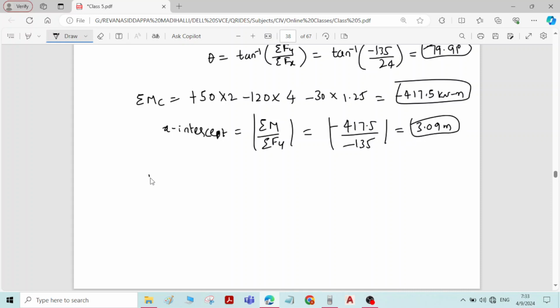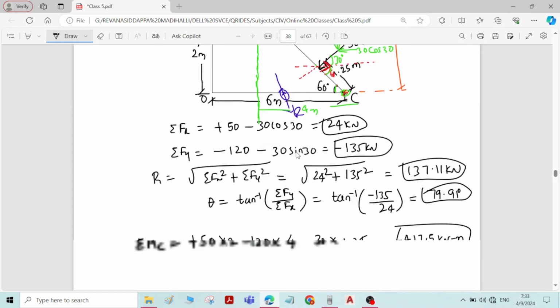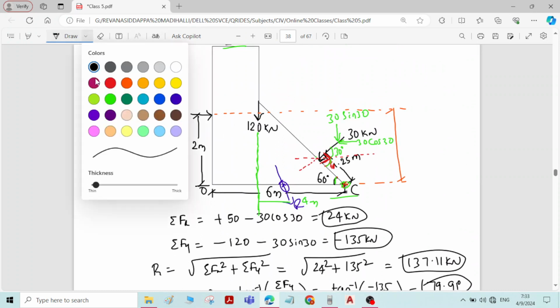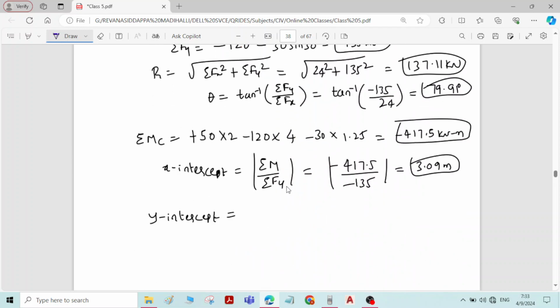Okay, then y-intercept, which means that the resultant is intersecting at a distance of how much? 3.09 meter from the point C. Okay, the resultant is intersecting the base of the dam at a distance of 3.09 meter from the point C. That is the meaning.